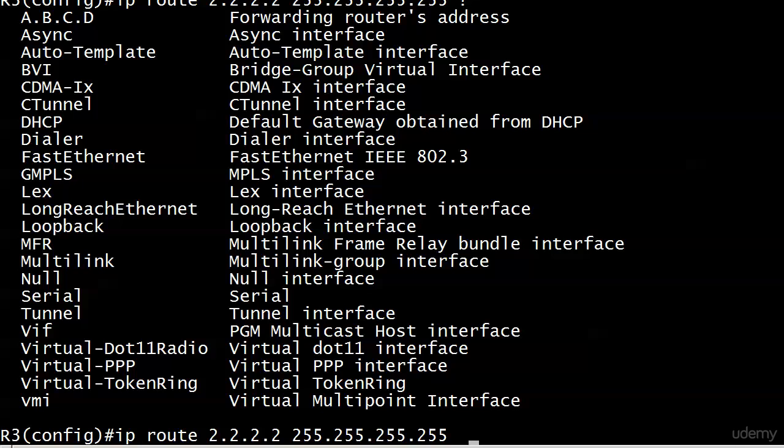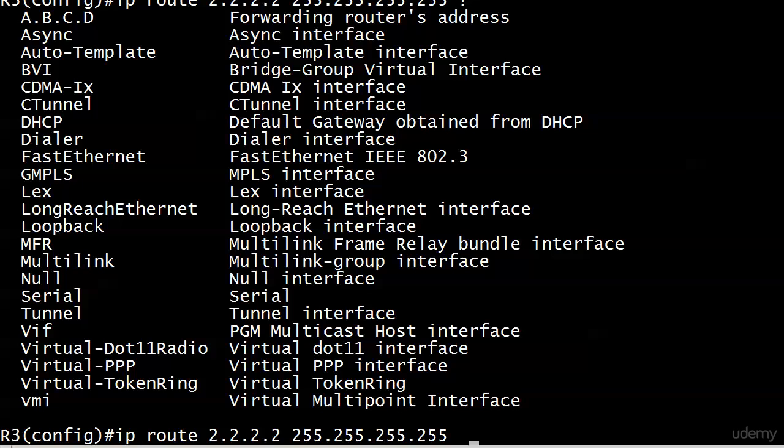Because if I put the interface here, if I put, you know, serial 0/1/0, the command would work because I'm putting the local router's exit interface. But instead of being more determinative about where I'm sending the packets, I'm just saying, hey, chuck them out this interface and let's hope the downstream router knows how to handle them. That's not really the way I like to do it. If that's the way you want to do it, fine. There's nothing wrong with it. But I just find that using the next hop IP address is a little bit easier to troubleshoot.